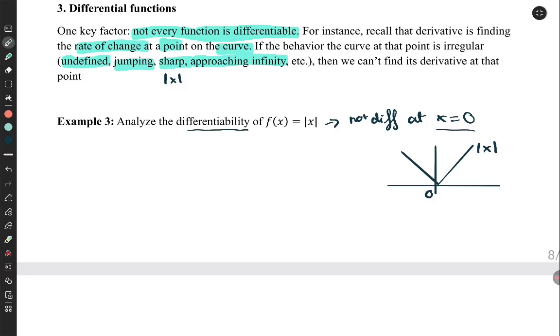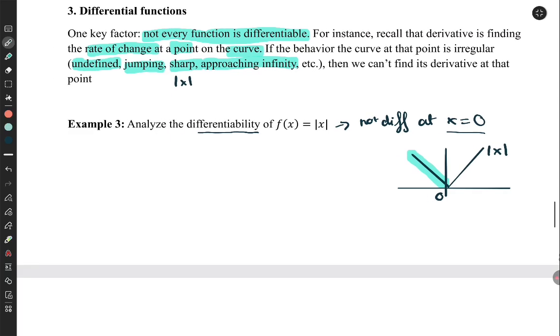So technically, this function, usually we analyze absolute value by cases. We're going to analyze less than 0, on the left of 0, and on the right of 0. So less than 0, we analyze this, right? When x is less than 0, then we're going to analyze one more time when x is greater than 0.